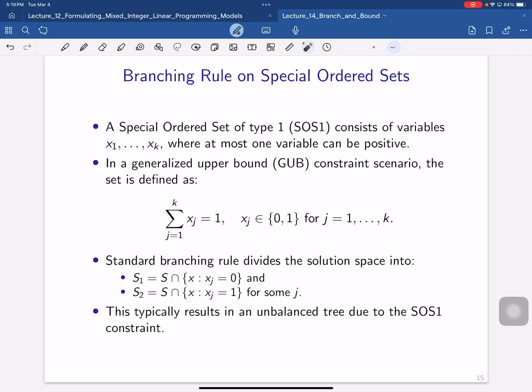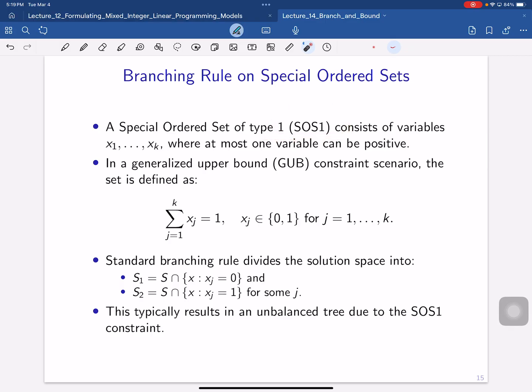The other special issue related to branching rules is on the so-called special ordered sets, right? So I want to use this opportunity to talk a little bit about something called special ordered sets. You will see this in the literature from time to time. There is a so-called special ordered set type 1, or SOS1, right?